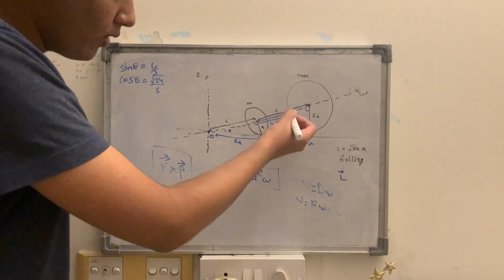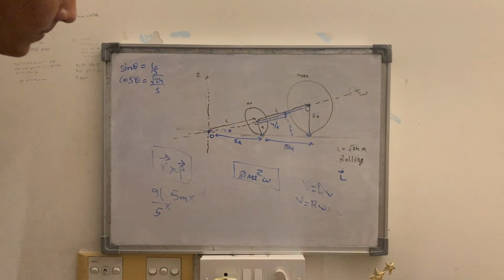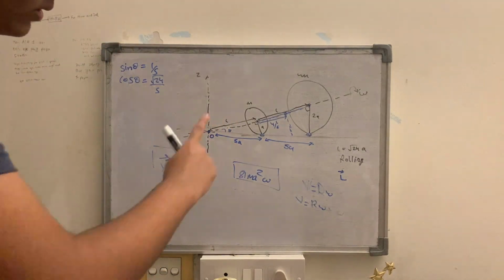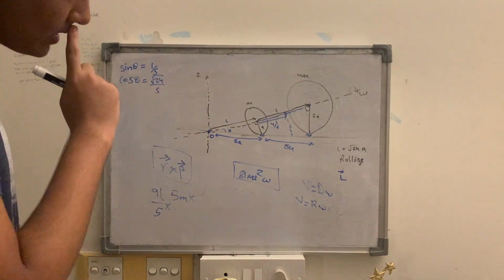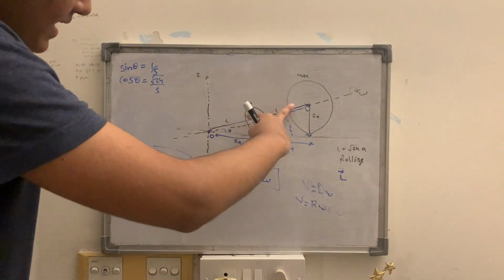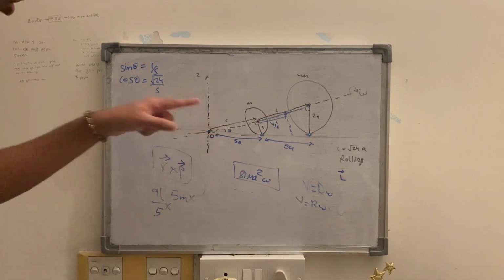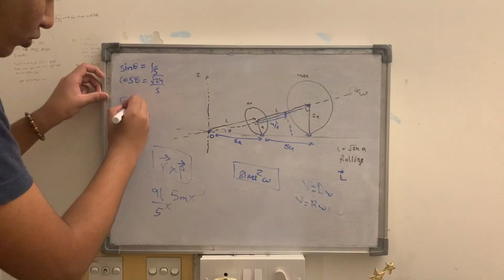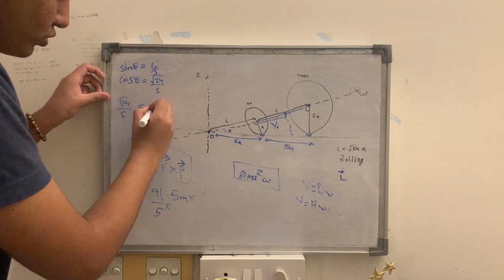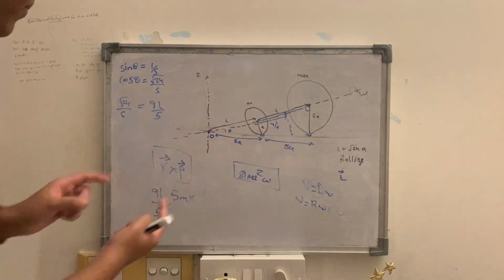So now what is this distance over here? We already know sine theta is equal to 1 by 5 and cos theta is root 24 by 5. This length is 9L by 5, so cos theta, root 24 by 5, equals 9L by 5 upon h, that is base upon hypotenuse.